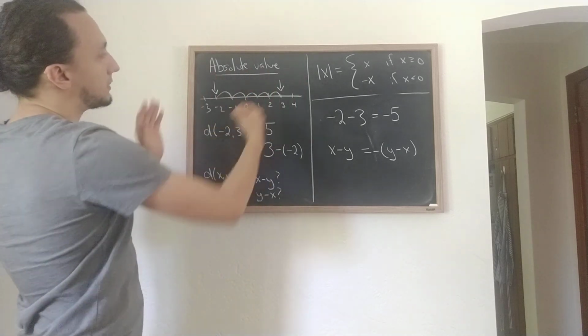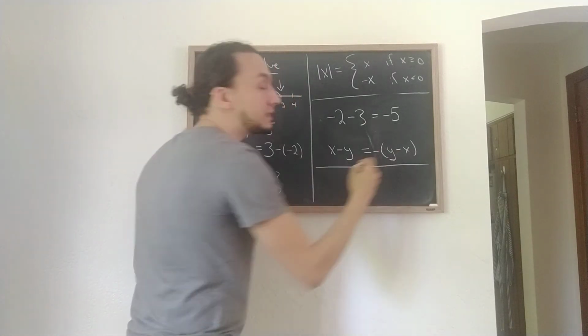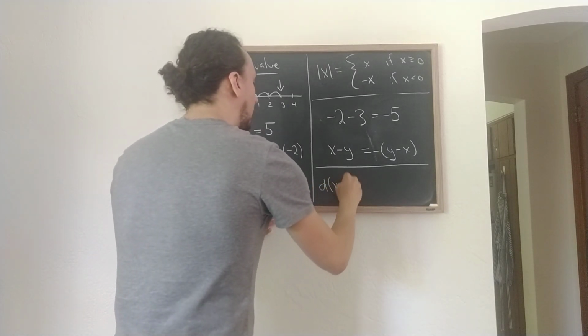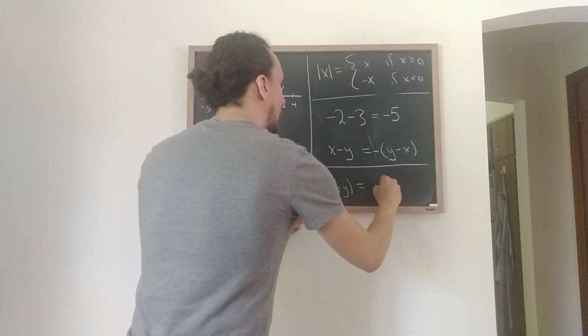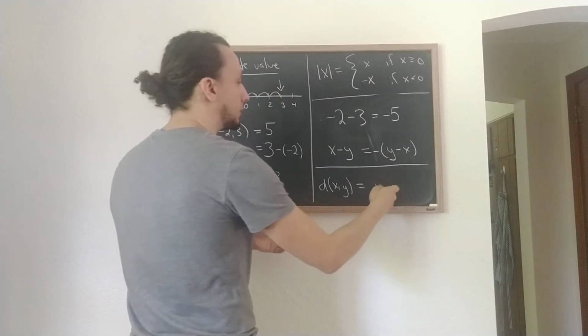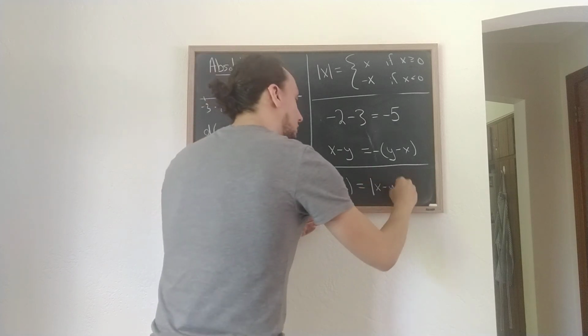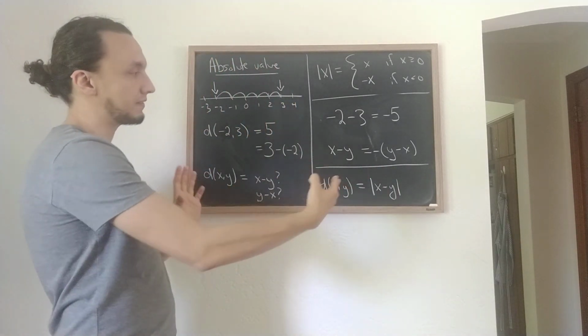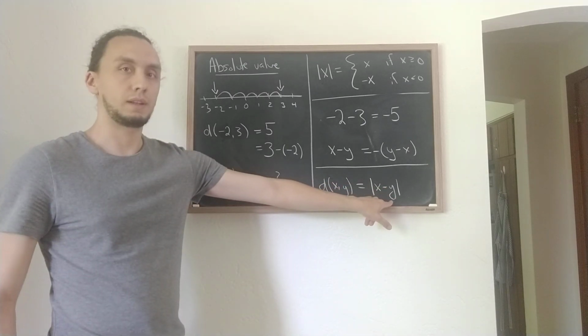And since for the distance between two numbers, I always want the positive version of that, I can define the distance between x and y to just be the absolute value of x minus y, instead of worrying about whether I put the bigger one first or the bigger one second. Just put absolute value bars around it, and that's guaranteed to give me the positive version of this difference.